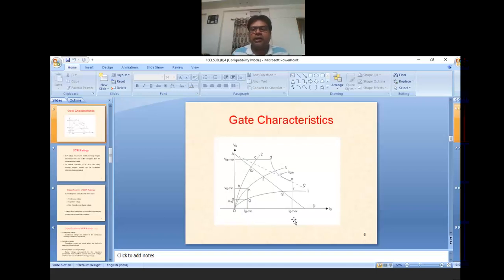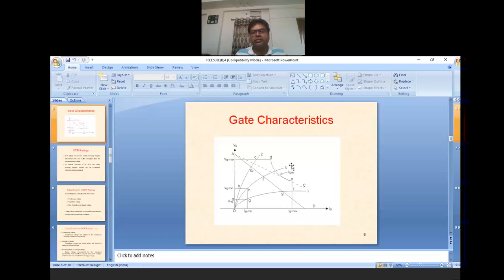And there will be a corresponding Ig maximum, that is maximum allowable gate current, which can be flown through the gate for allowable power consumption, which is the curve shown for the power consumption, like this, from E to D or D to E. And there will be a corresponding Vg maximum also, the maximum gate voltage, positive gate voltage, which can be applied between gate and cathode.